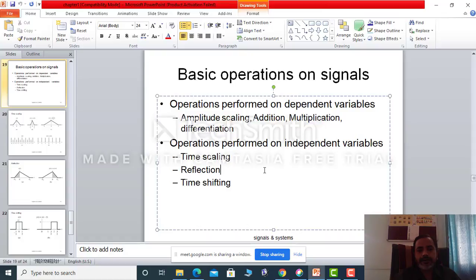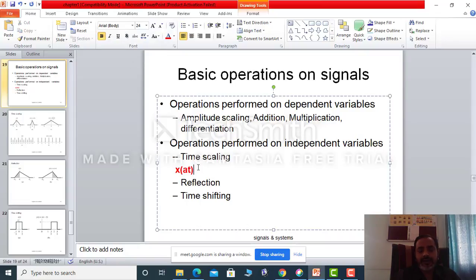How are you going to write? I'm writing here, you can check. Is it visible to all? x of a into t. You have to write like this. I have written it on my PPT, you can check.